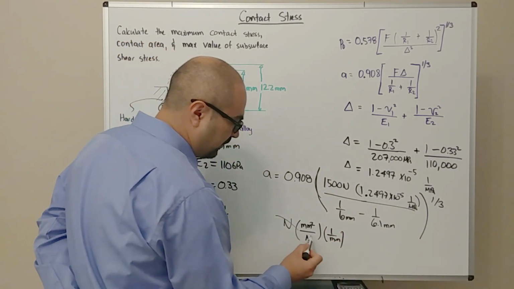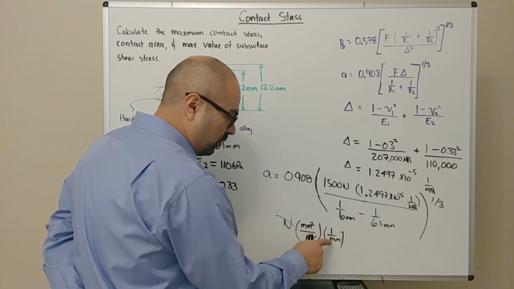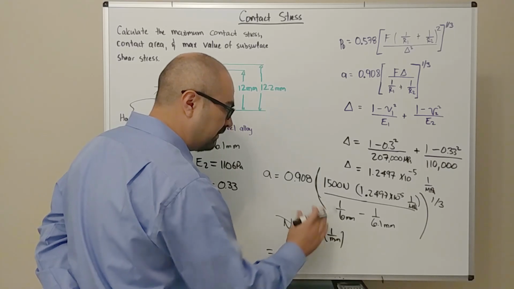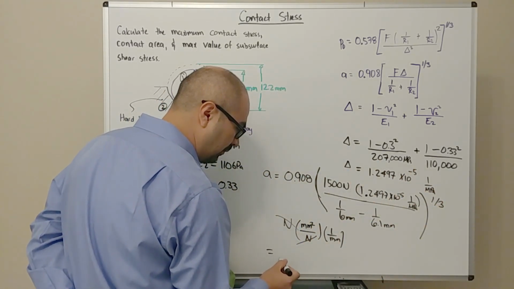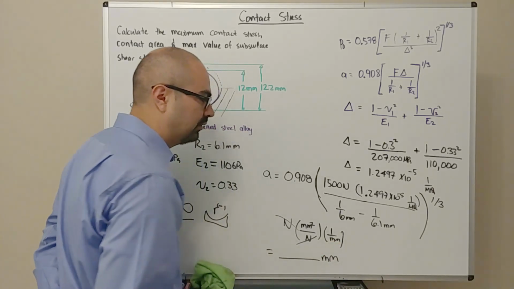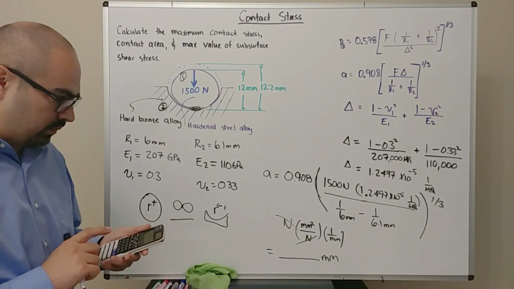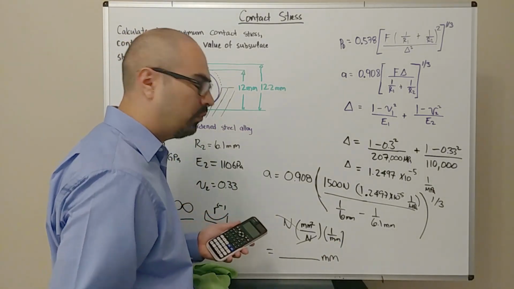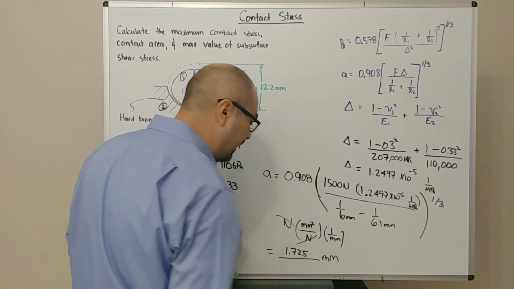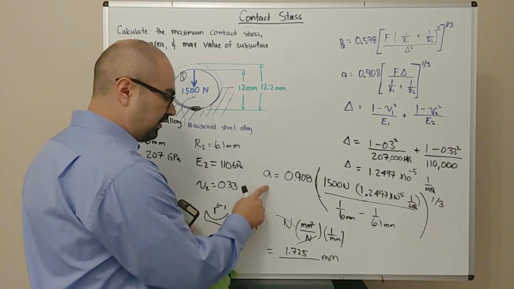So the 2 newtons are going to cancel, and 1 of the top is going to cancel with 1 at the bottom. So when we type all of this in the calculator, whatever comes out is going to have units of millimeter. So if we plug this in the calculator, we get 1.725 millimeters. This is just the radius.